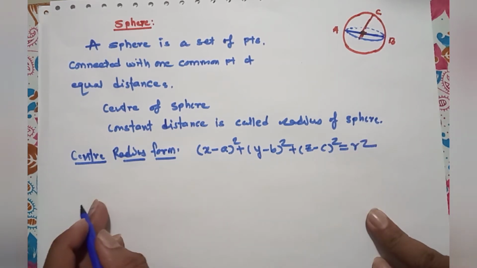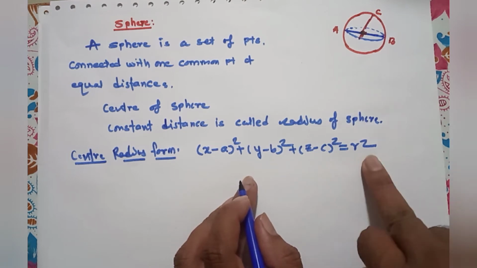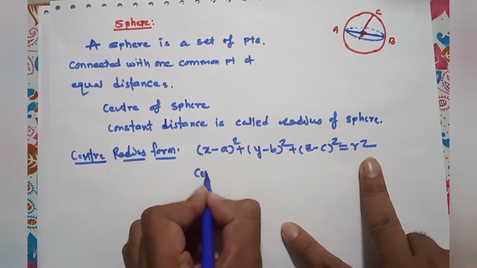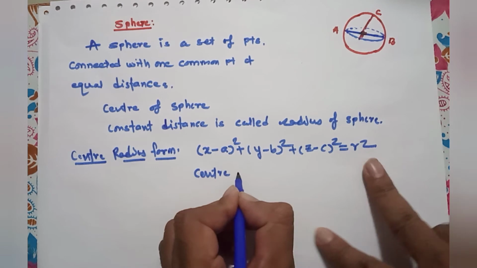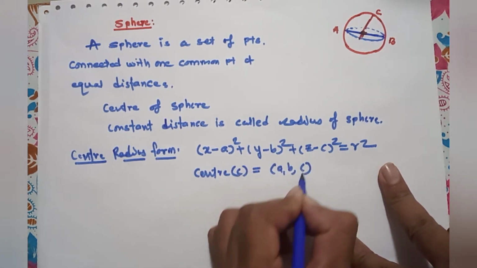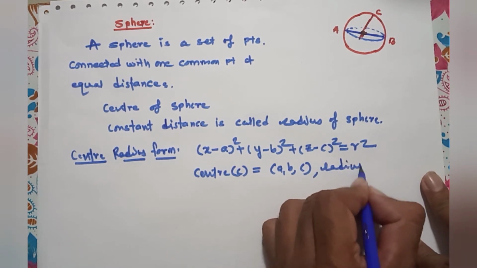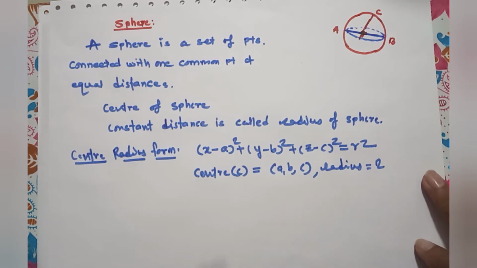So this is the center radius form of the sphere, having center C at point (a, b, c) and radius equal to r.